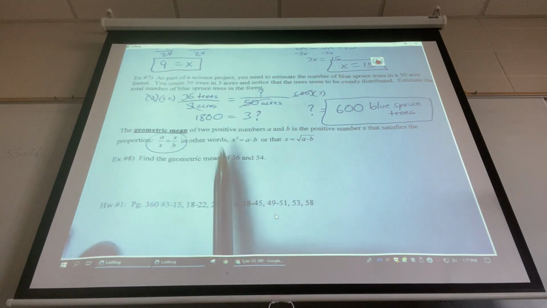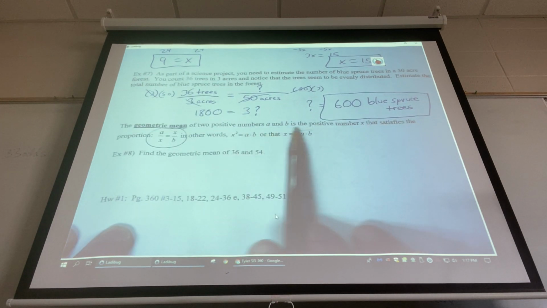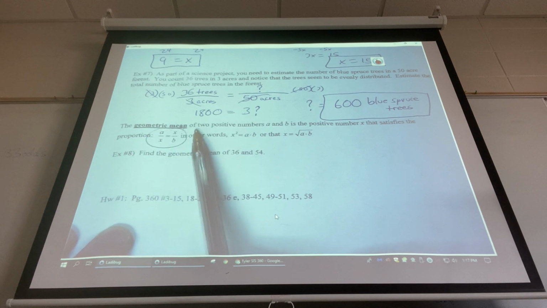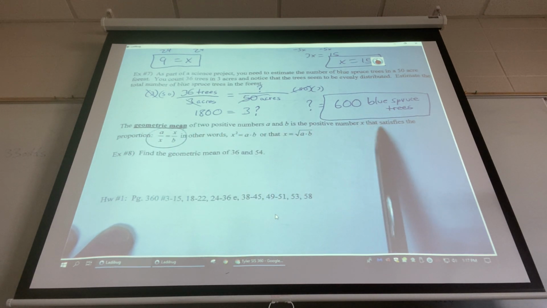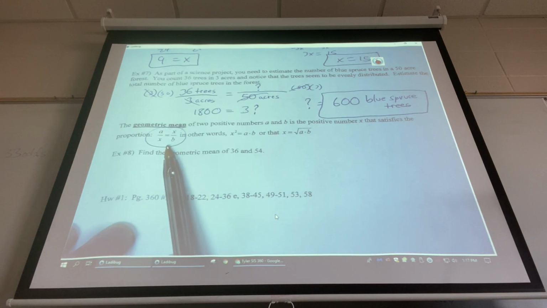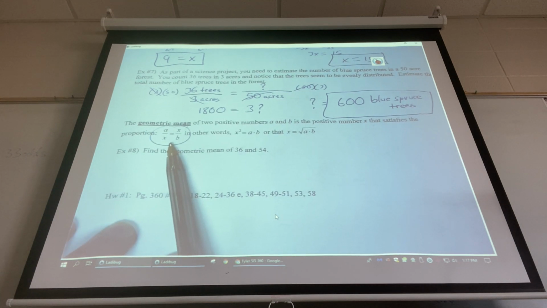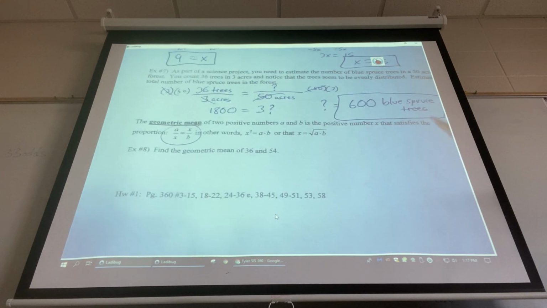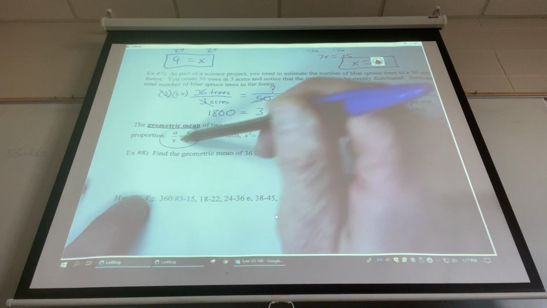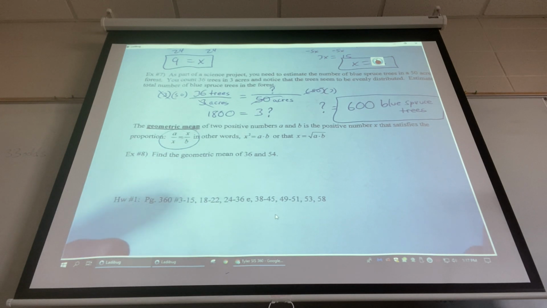They said the geometric mean of 2 positive numbers, A and B, is the positive number X that satisfies this proportion. That's the way it was told to me. And I never understood why it matters. Why is it helpful?